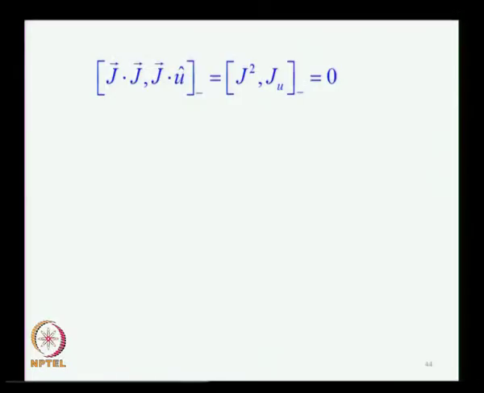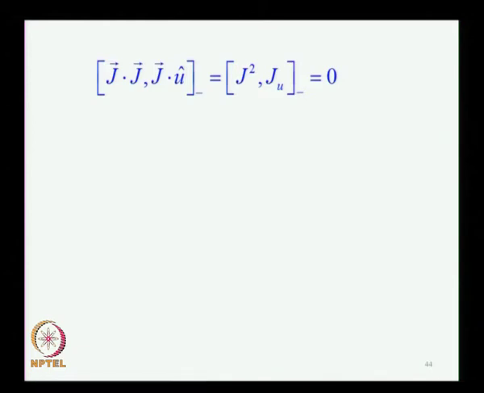It will operate on appropriate operands, giving you new vectors and so on. So all that algebra of operators has to be invoked when you work with this. So we now have defined angular momentum in quantum mechanics.